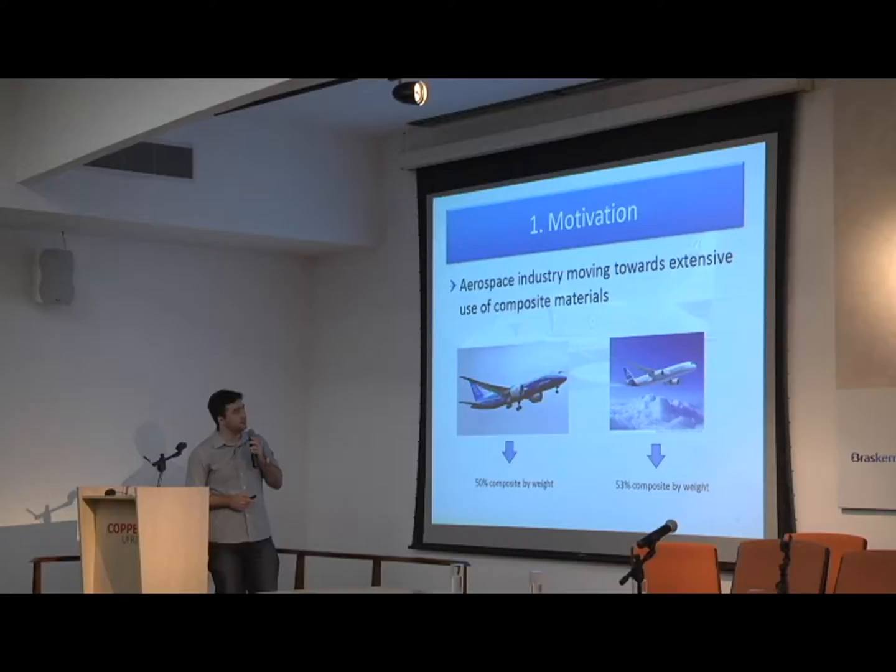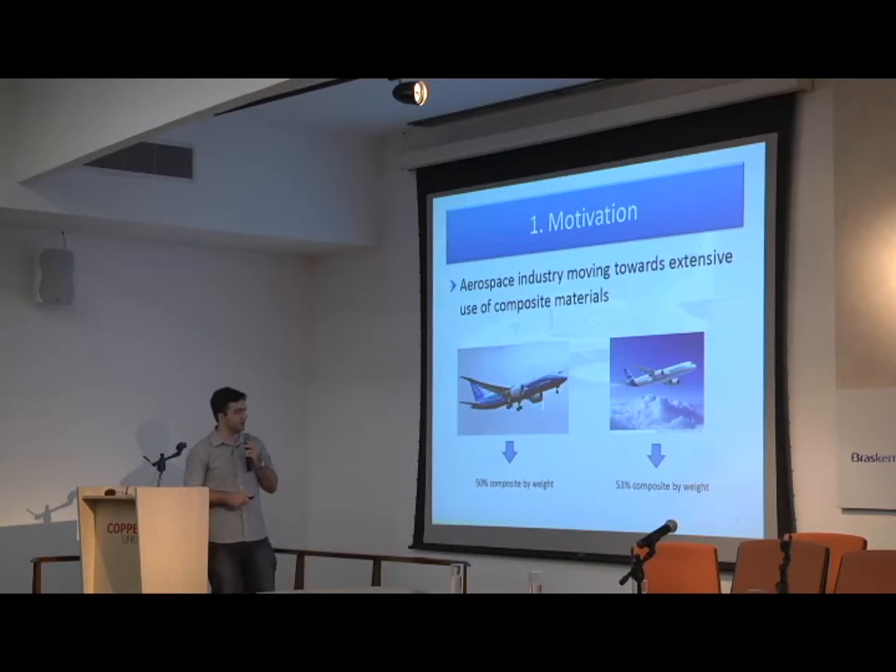Well, but not just that, the aerospace industry is now moving towards extensive use of composite materials. These composite materials tend to participate more in the heat transfer occurring on the surface of wings and empennage. We have two examples here.